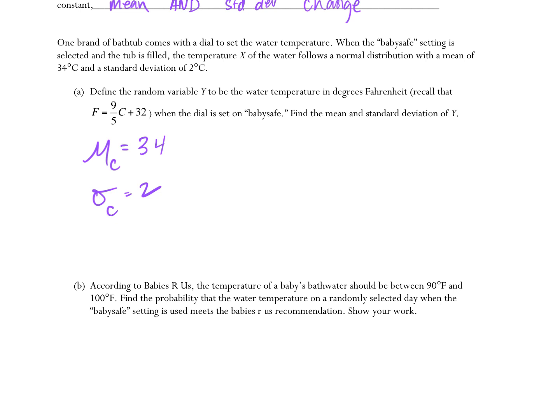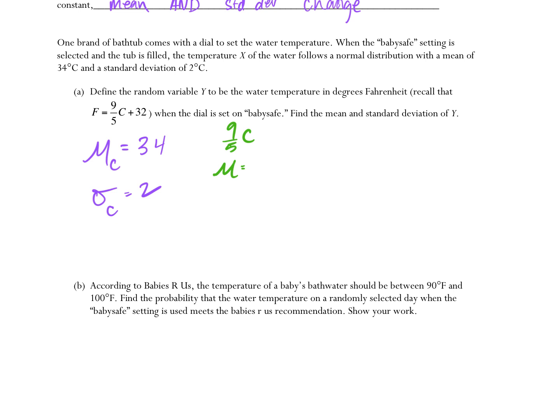So, if I need to convert a temperature from Celsius to Fahrenheit, what I do is I multiply by 9/5, and then I take that answer and I add 32 to it. Is everybody with me? Okay. So the first part I'm going to do is the 9/5 C. Is everybody with me? And when I do the 9/5 C, what will happen to my mean?